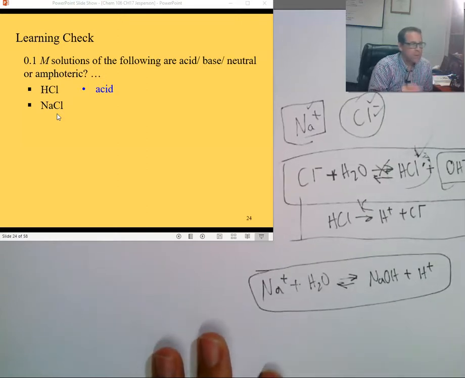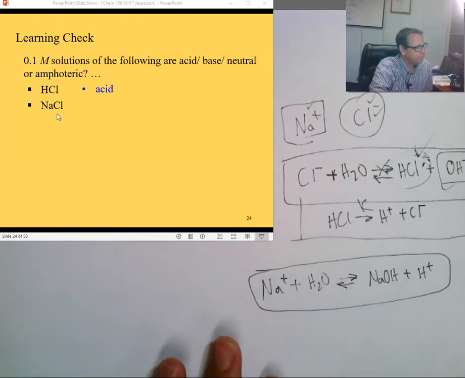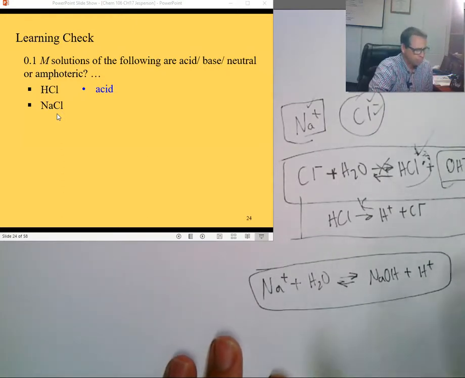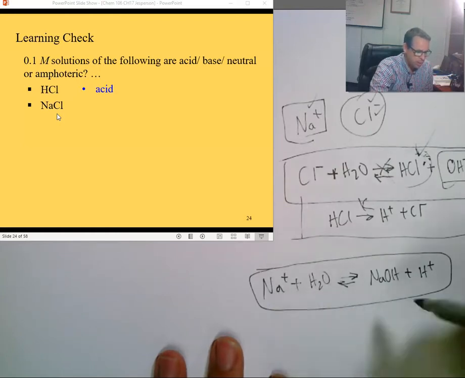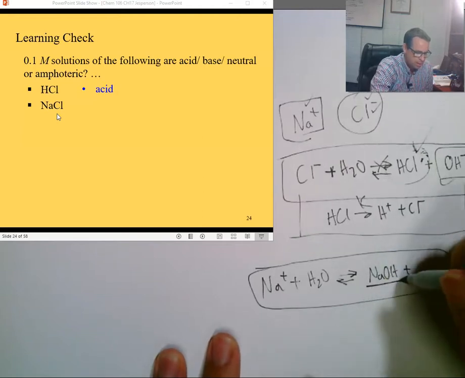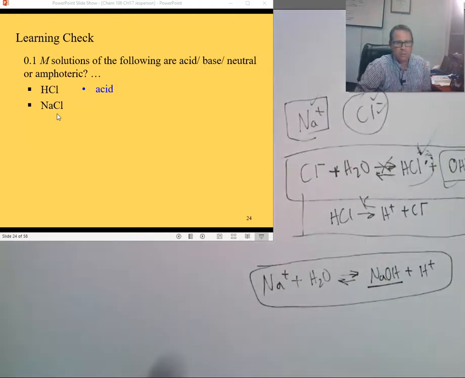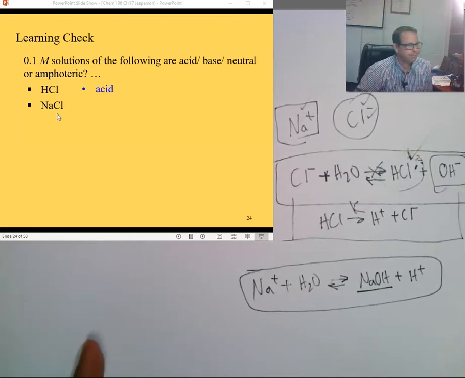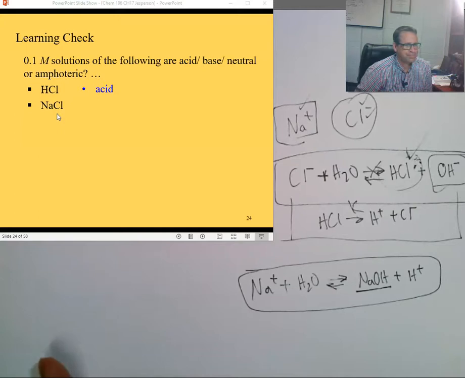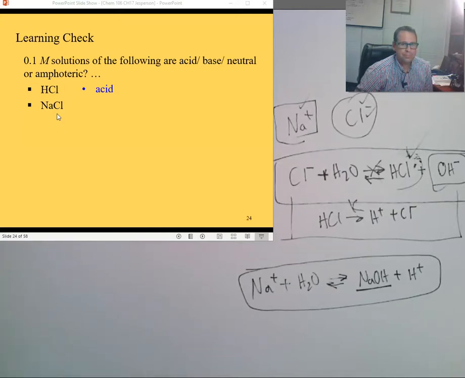How do we know that this is not going to happen, Brielle? How do we know that the sodium ion is not going to remove a hydroxide ion and form any significant amount of sodium hydroxide? Is it because it's positive?